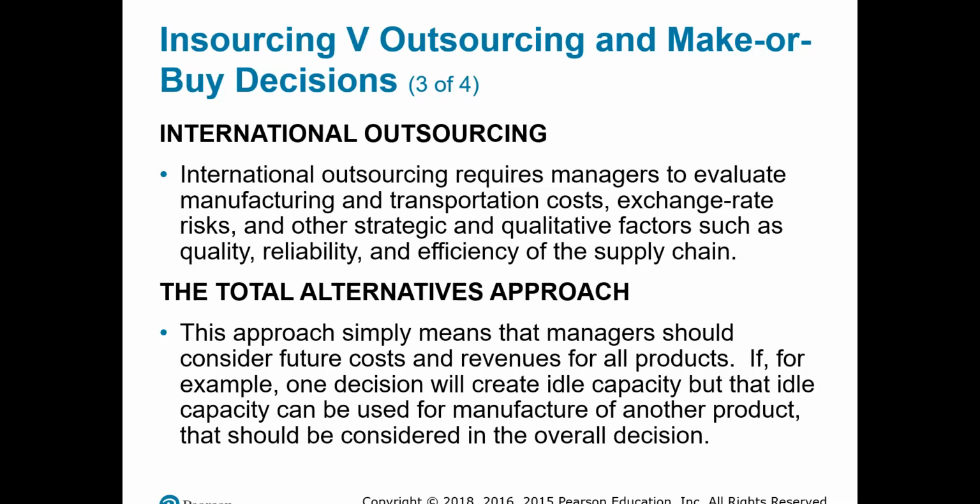Now we're going to have two approaches to the make or buy decision. The first is the total alternatives approach, which means we should take into account future costs and revenues for all products. For example, if we have idle capacity, but we can reuse it to make another product that produces additional operating income, then we should take that into consideration.